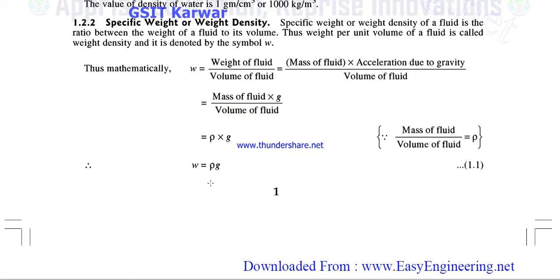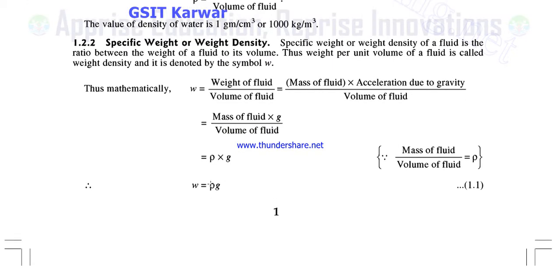So we write: small letter w, that means specific weight or weight density, is equal to rho into g, that means mass density into acceleration due to gravity.